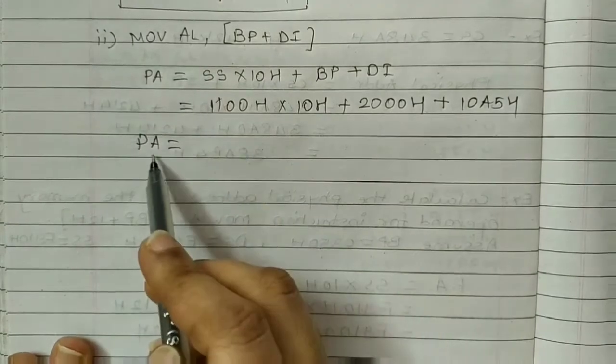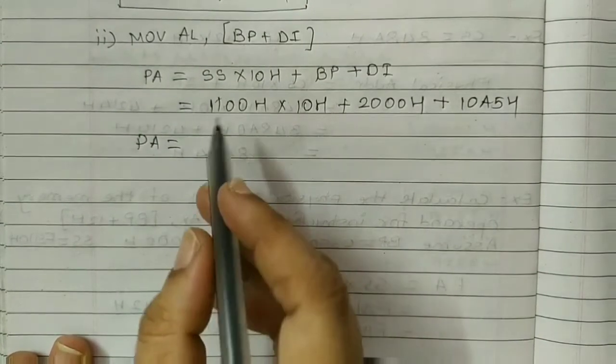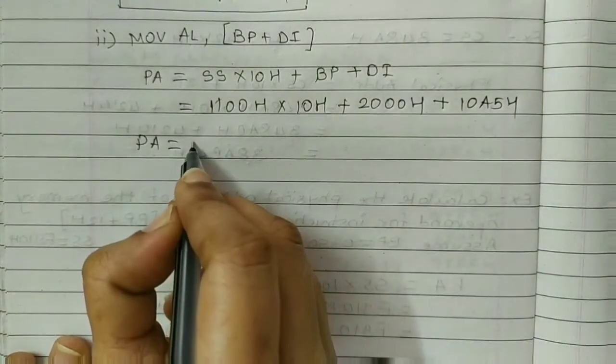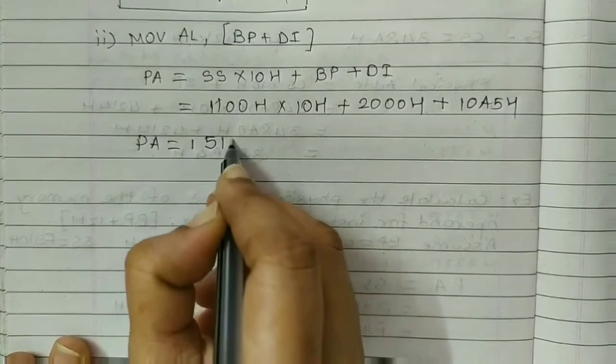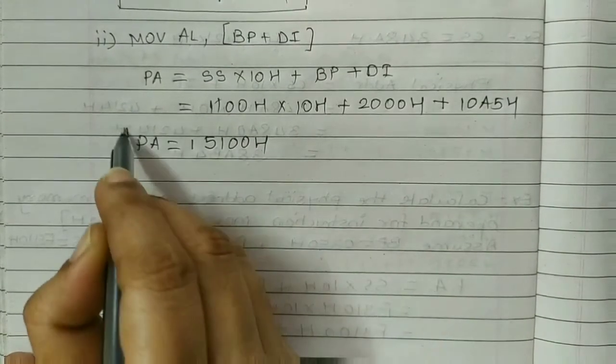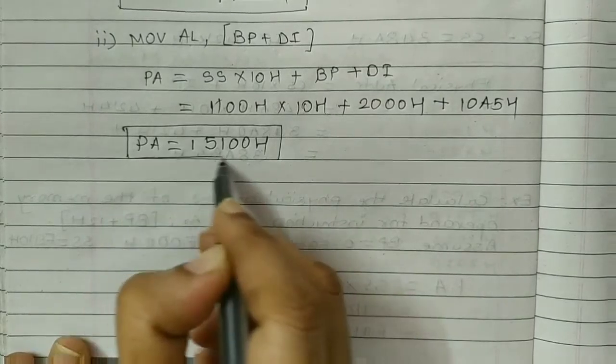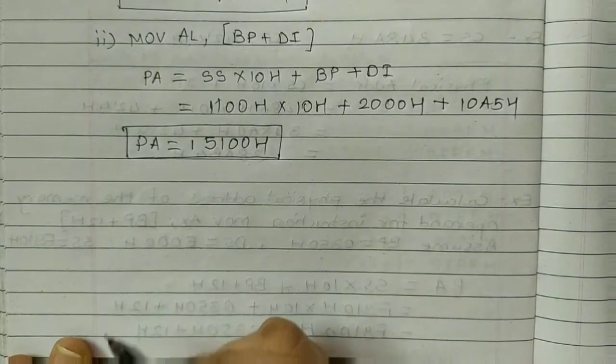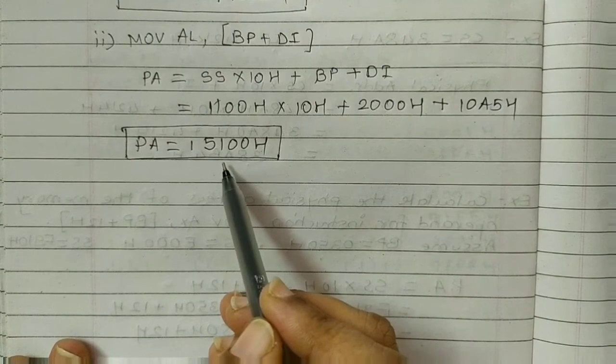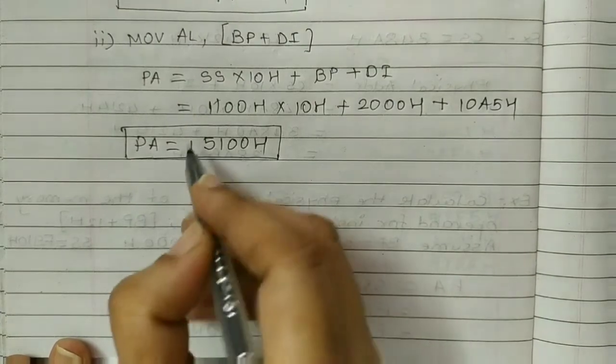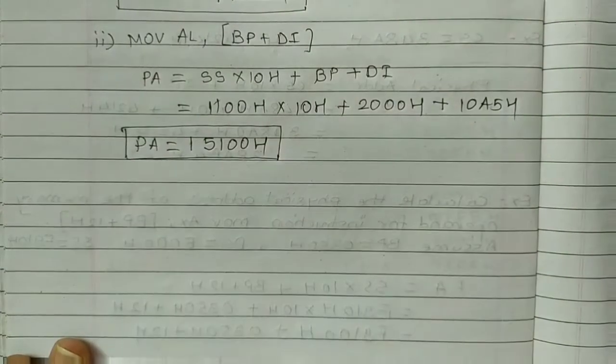After calculation we'll get 15100H. So this is the physical address for the data in case of second instruction.